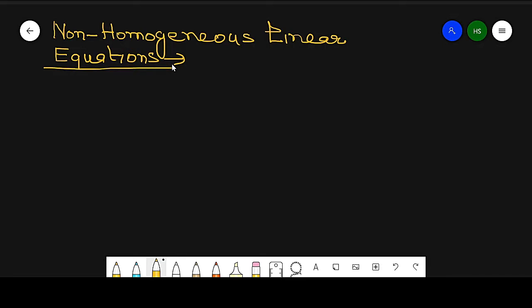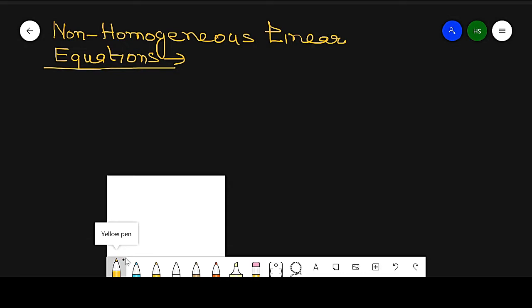Now, in the next step, my aim is to find the solution of non-homogeneous equations. So first, check which kind of equations are non-homogeneous equations.